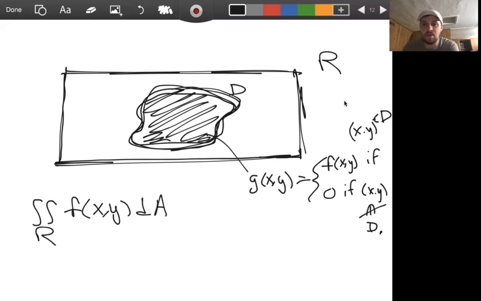And so that's what we'll do from here, is we'll extend our notion of double integrals, but now to more general regions.